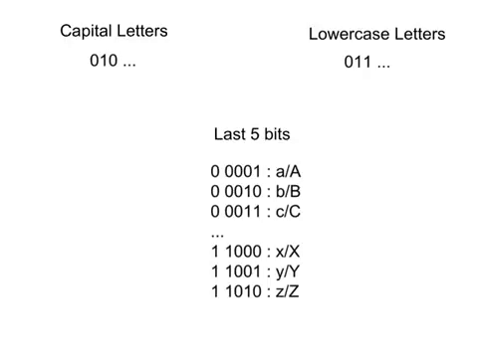For right now, just memorize this. Capital letters begin with 010, lowercase letters begin with 011, and the last 5 bits start at 1 for A, and 2 for B, 3 for C, all the way to 26 for Z.